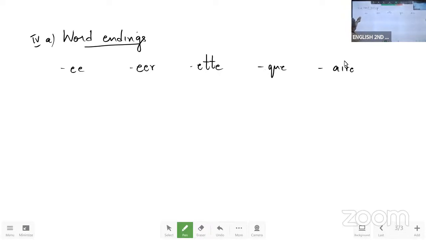Only then, when it ends with EE, the stress is on the last syllable. Take, for example, employee. You don't put it before EE. I said last syllable, employee.